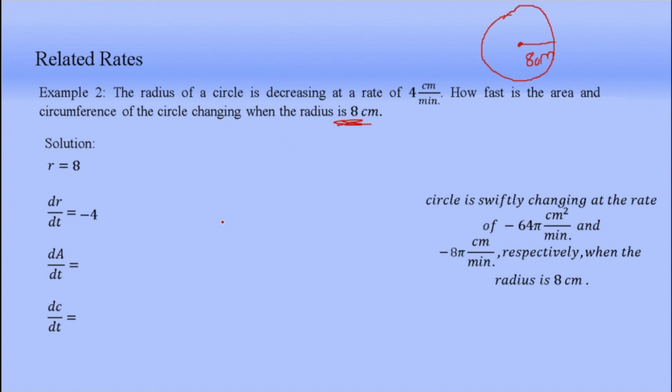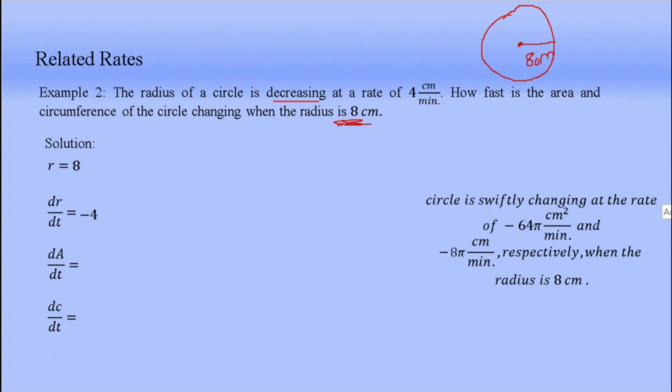So the radius is 8 and dr/dt is 4, but as you can see, it is decreasing, so it should be negative 4. And what we are going to solve and find in this problem is the area and the circumference of the circle.